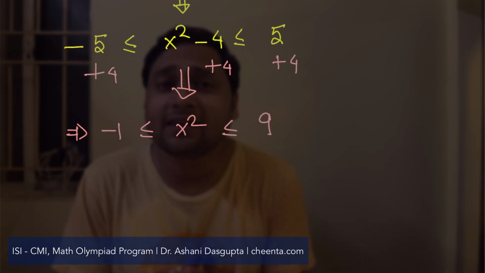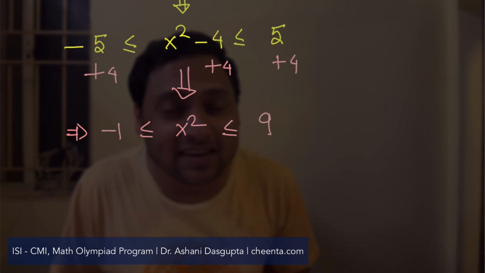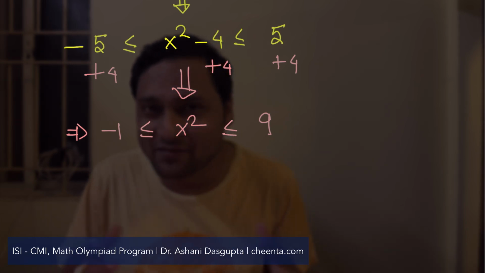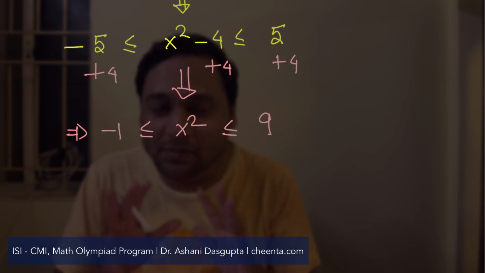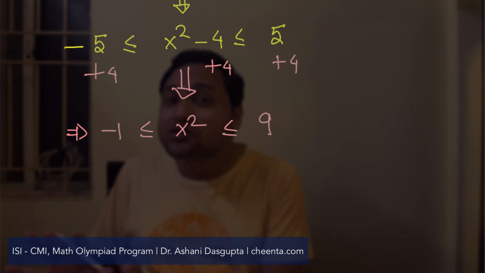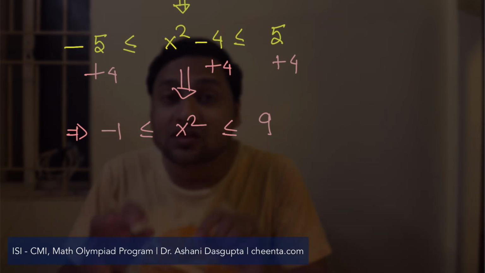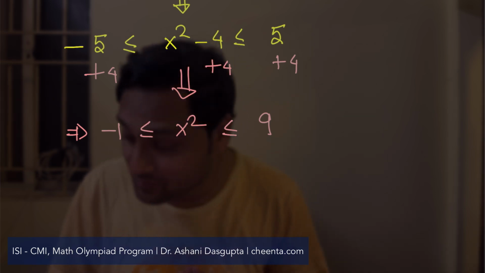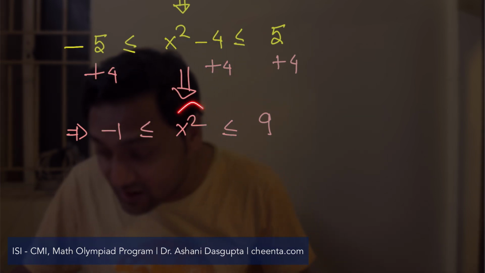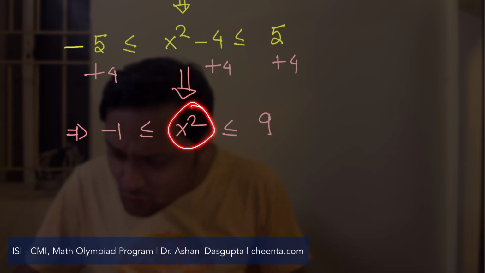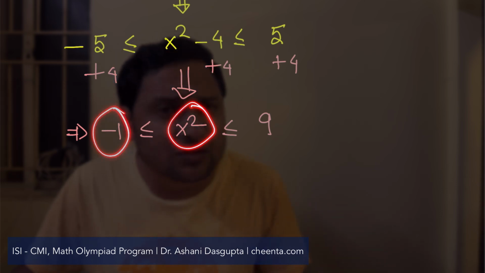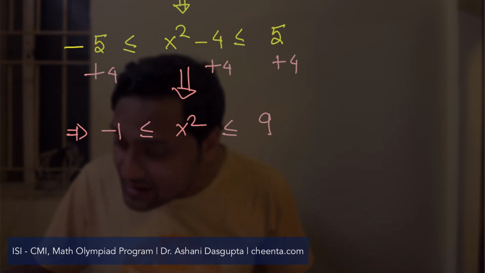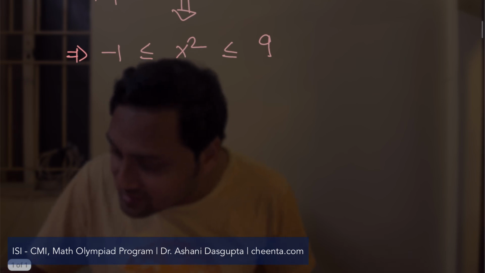At this point, what we use is called common sense mathematics. Sometimes that's missing while you are solving problems. So remember always not to do mindless calculation. Also look at what you are seeing. Notice that this is a square quantity. Of course, negative 1 is less than or equal to that. In fact, we can upgrade this.